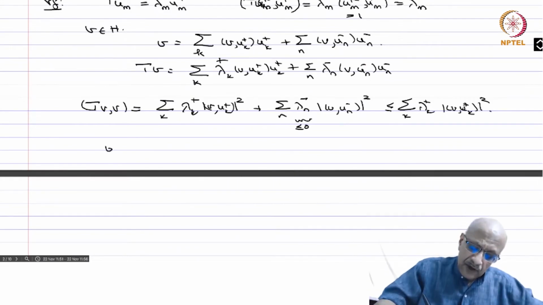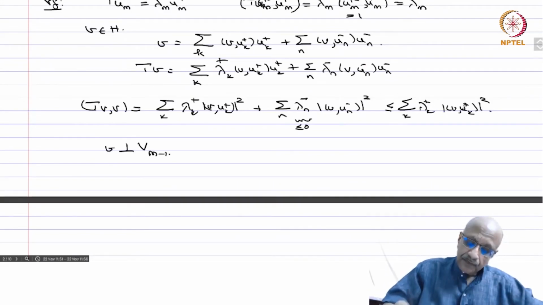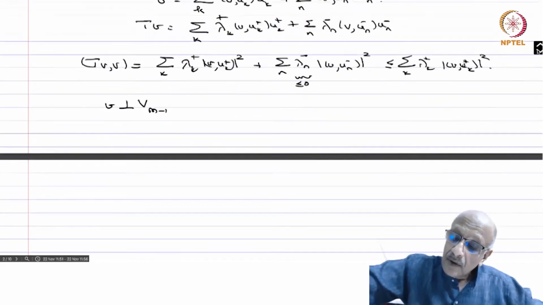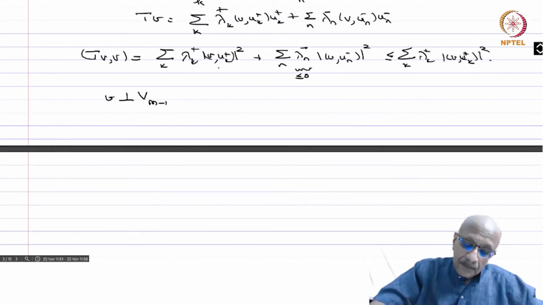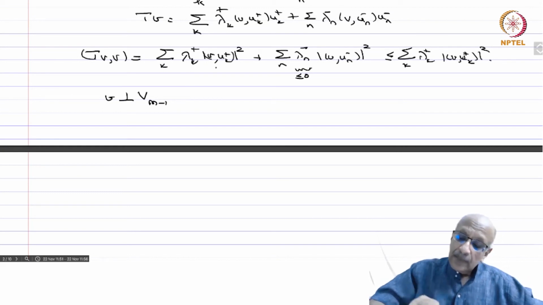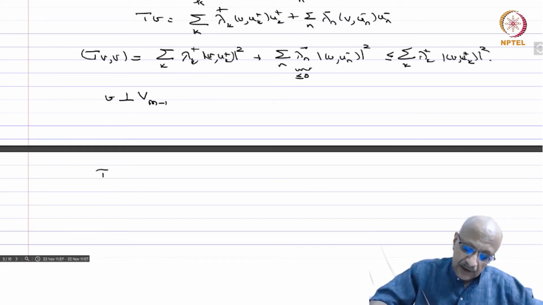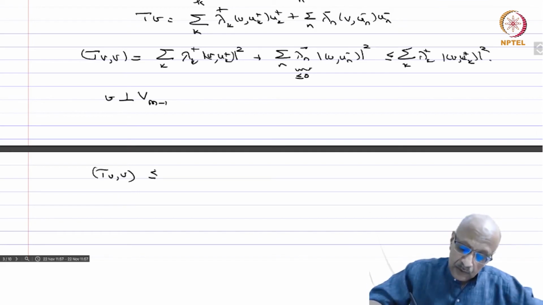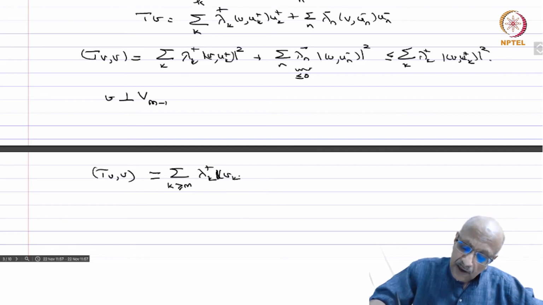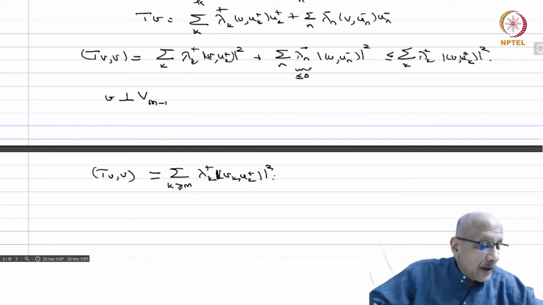So now we have v orthogonal to v_{m-1}. That means all the basis elements up to m minus 1 will disappear, and therefore you have (Tv, v) is equal to sigma over k greater than or equal to m of lambda_k^+ mod (v, u_k^+) square.